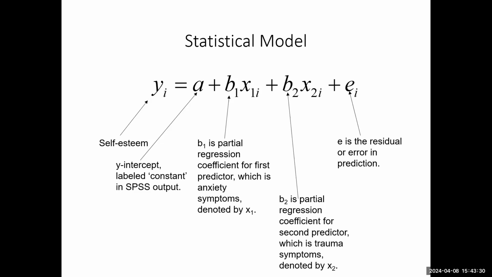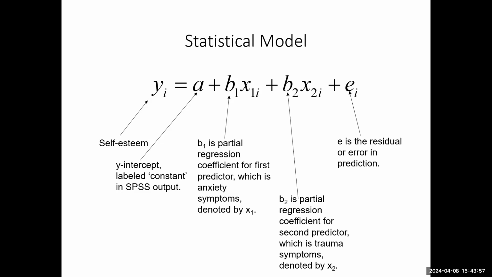And then to the right of that term, we've got B2 X2. B2 is the partial regression coefficient for our second predictor, which happens to be trauma symptoms in this case. And then on the far right, we've got E, which is our error in prediction or our residual, okay?